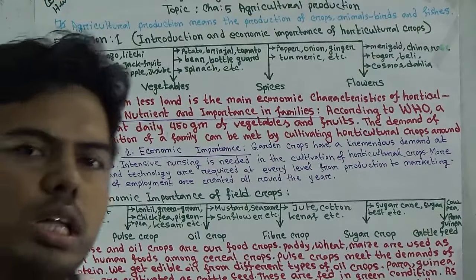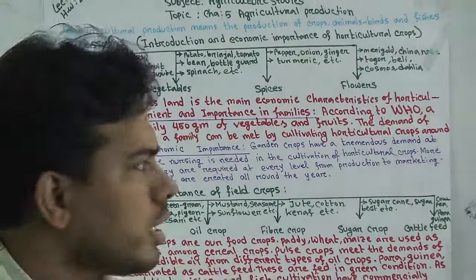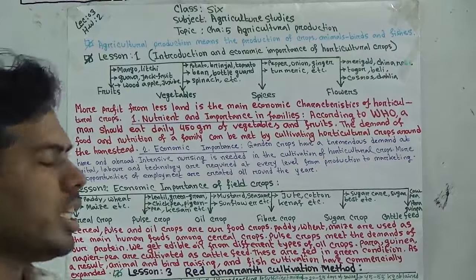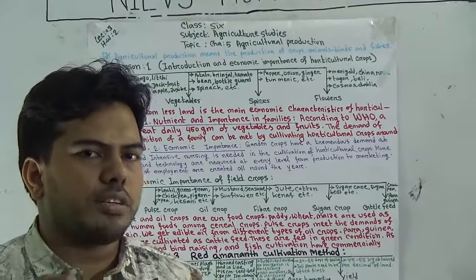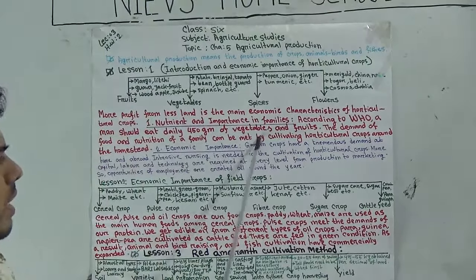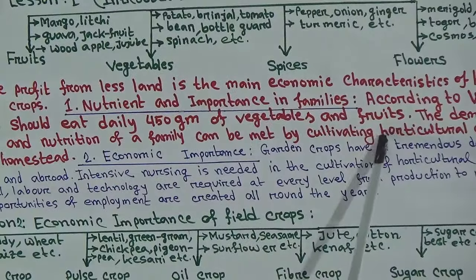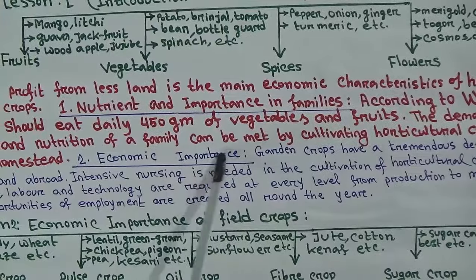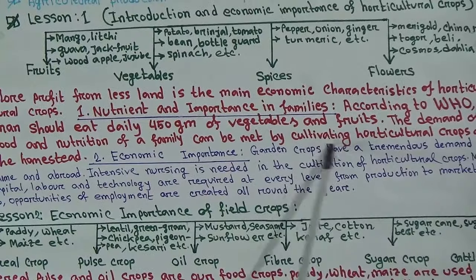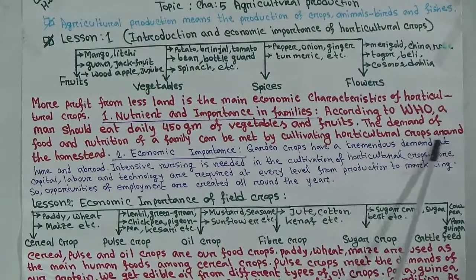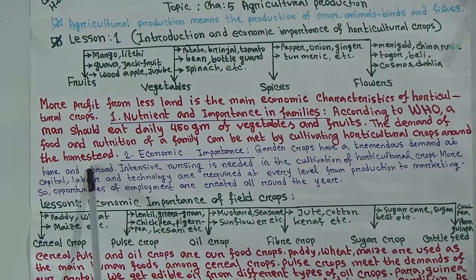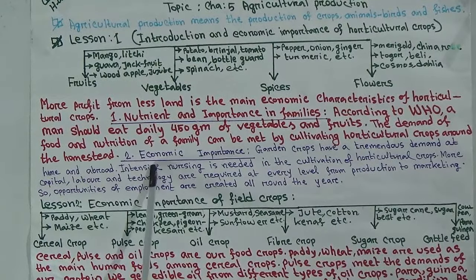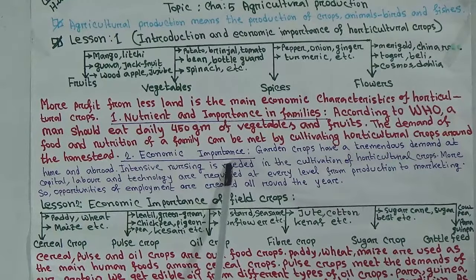According to World Health Organization, it is suggested that a man should eat daily at least 450 grams of vegetables and fruits. So the demand of food and nutrition of a family can be met by cultivating horticultural crops around the homestead.